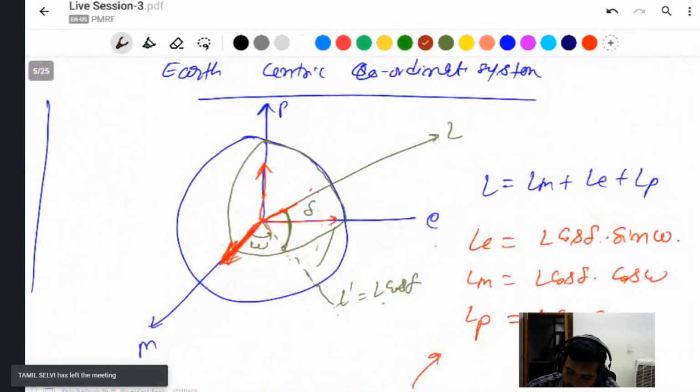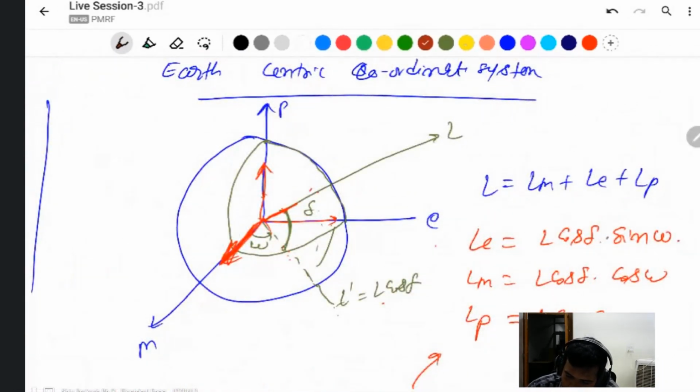You can see here, this will be the omega angle. This will be the east where the sun rises, and here will be the west. The sun sets. This angle is omega. When the sun rises, we can say this will be omega sunrise, omega SR, and this angle is omega sunset, omega SS.